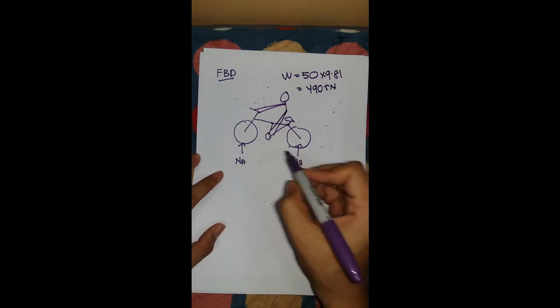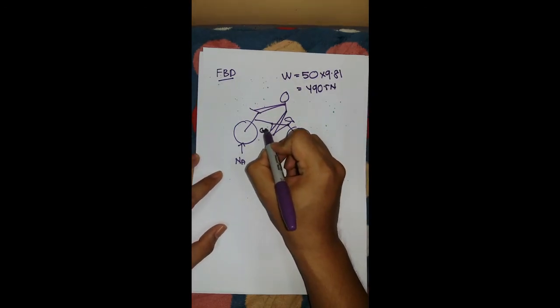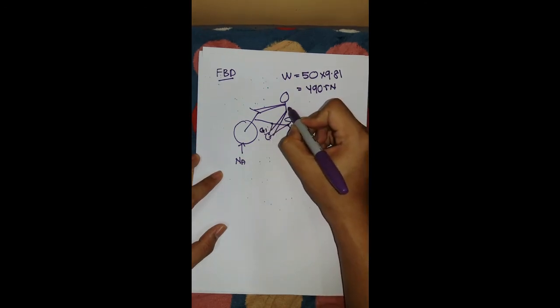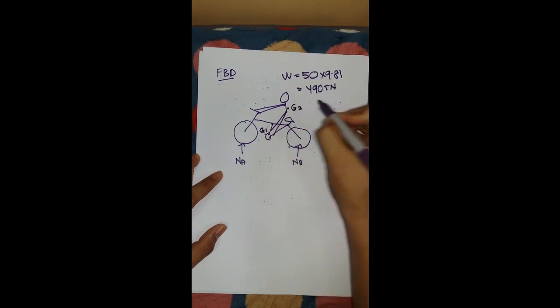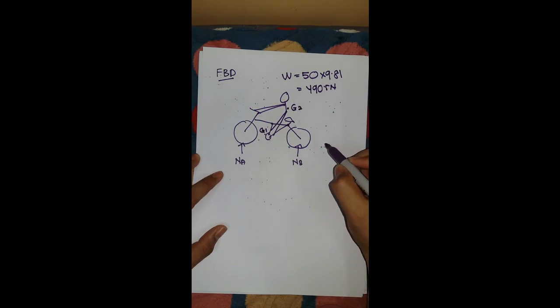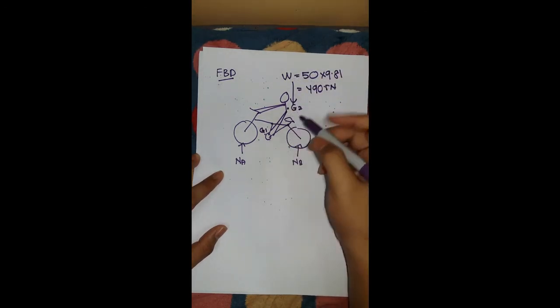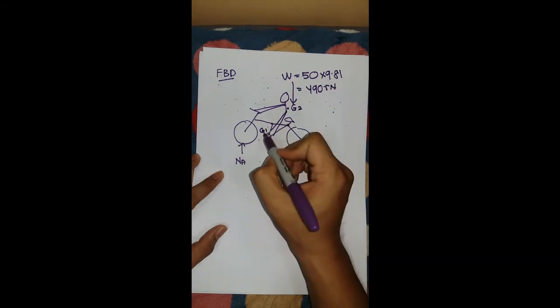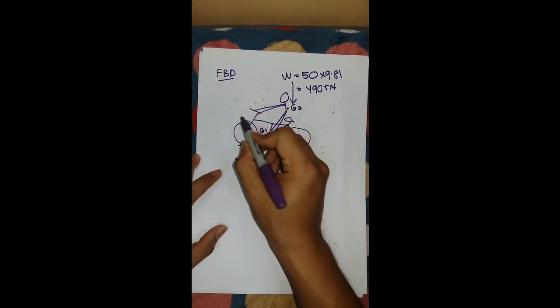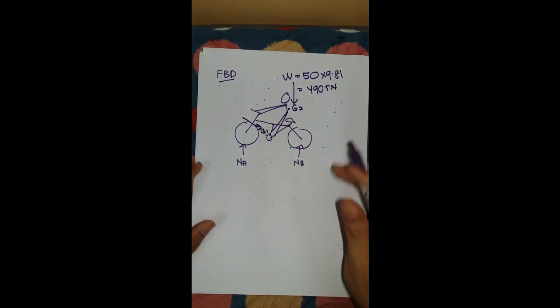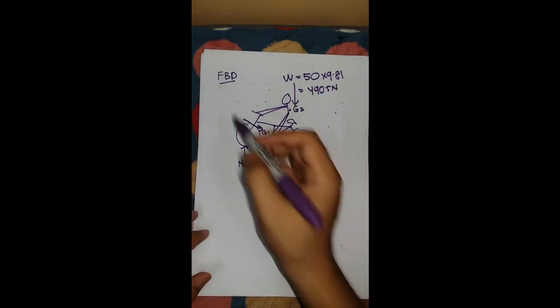And here is the G1, and this is G2. G2 is the weight right here of the person, and G1 is the weight of the bike. Sorry about my drawing.